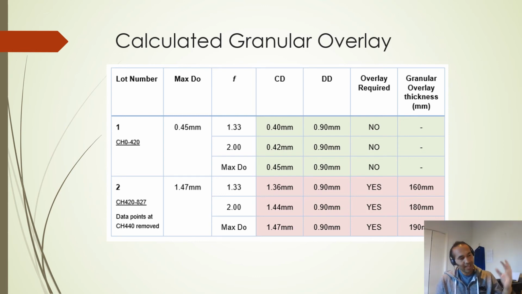We could choose any of these three, and they might all be considered right. But for this design, let's be a bit conservative, because it is an arterial road and 6 by 10 to the 6 ESA is getting quite high. So let's go with the max D0, 1.47 mil. We need 190 mils of granular overlay. We did have that one very high point, but we've designed using that one very high point.